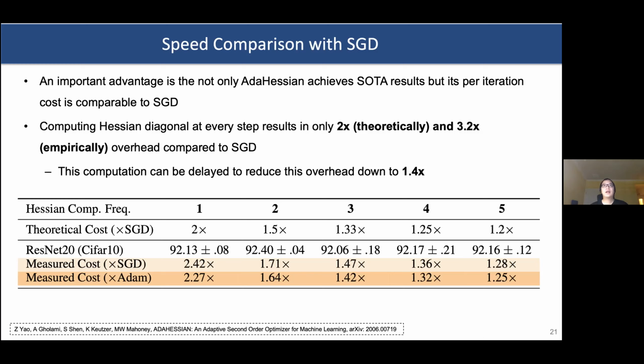As you can see, we can theoretically reduce the computational cost to 1.2x that of SGD and achieve the same performance as SGD, or in the measured cost, reduce it to roughly 1.25. The keyword here is that the computational cost of AdaHessian is roughly the same as first order methods.